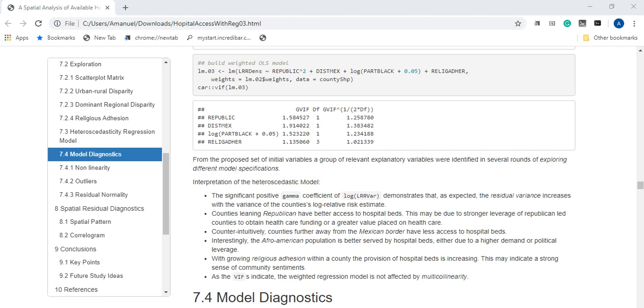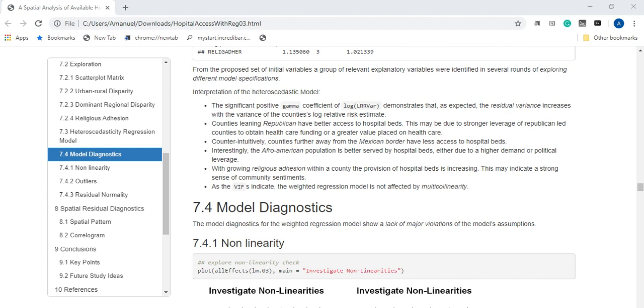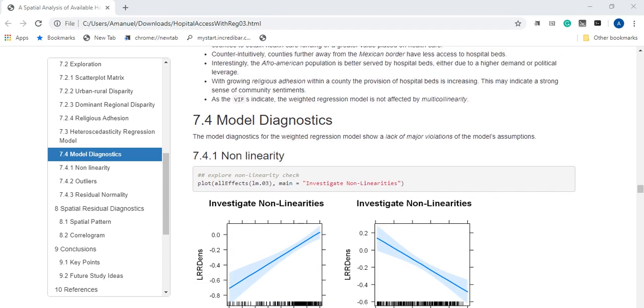The counties leaning Republican have better access to hospitals, and counterintuitively, counties further away from the Mexican border have less access to hospitals, and the African-American population is better served by hospital beds. This is either due to higher demand or political leverage. And with growing religious adherence, the provision of hospital beds is increasing.